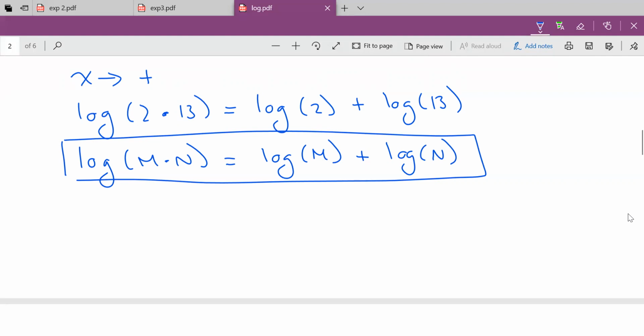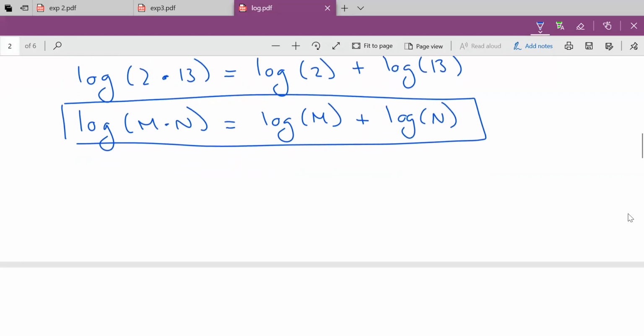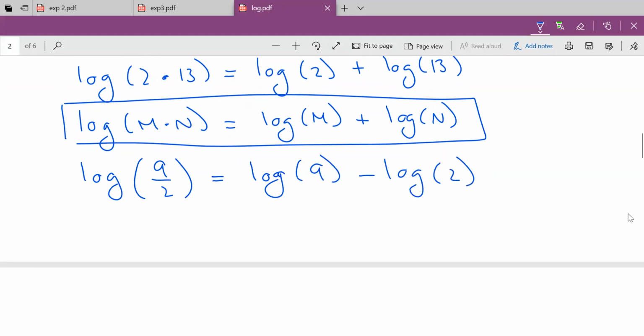Well, friends, it's not too far of a leap then to say, if multiplication turns into addition, what do we think division will end up being? Well, let's go log of 9 divided by 2. Well, if multiplication turned into addition, you're probably saying, I bet you this turns into subtraction, and you are correct.